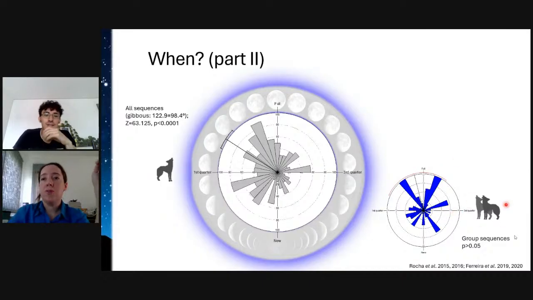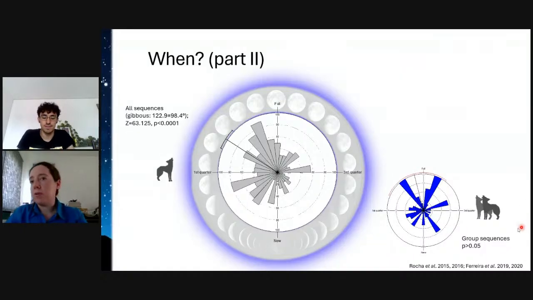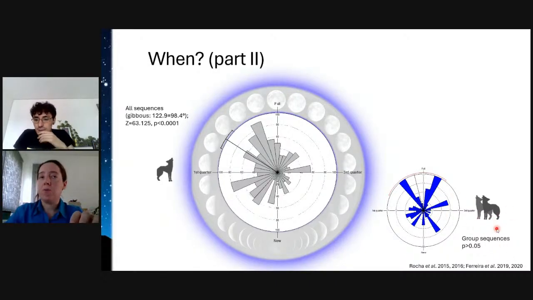But not for the group sequences, no pattern was found in the group sequences, which indicates that there are other factors influencing this kind of sequence.